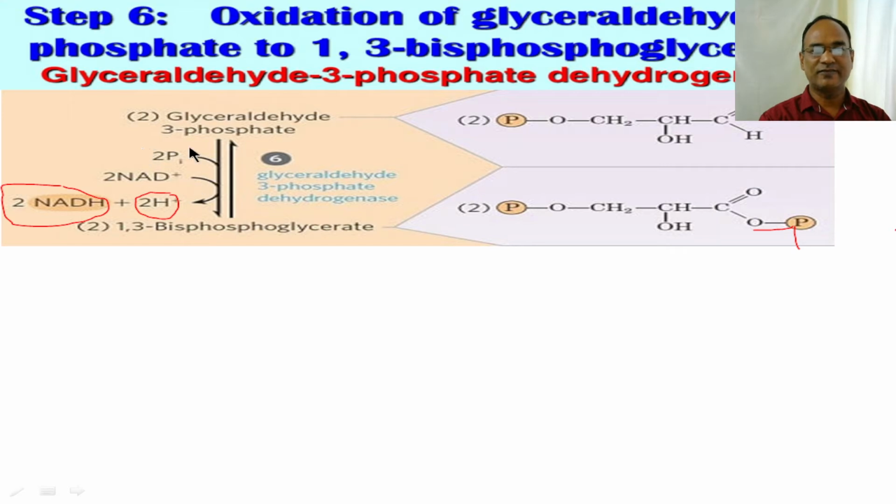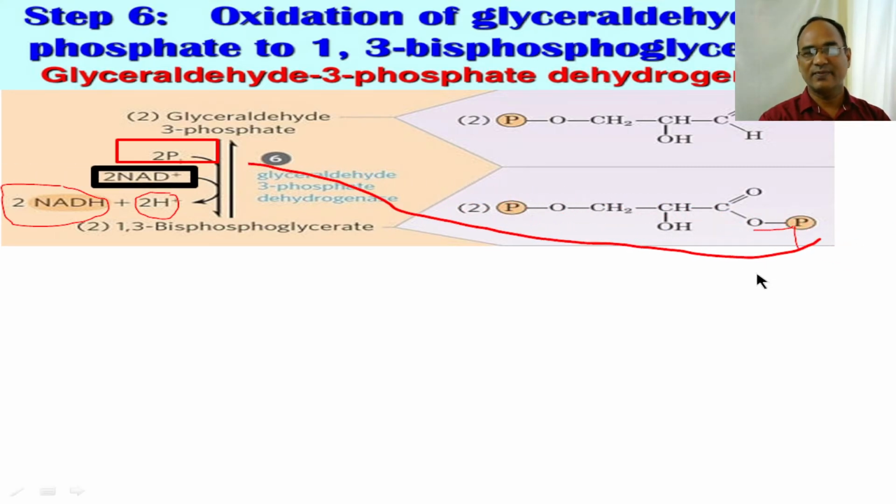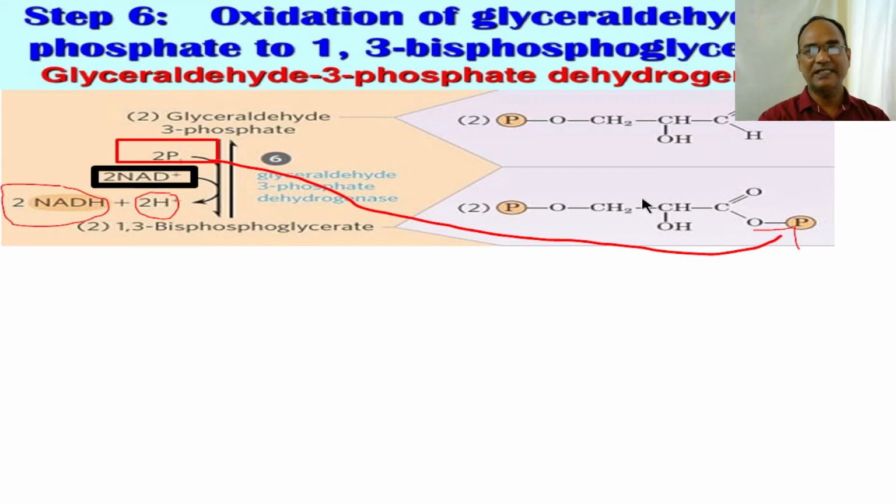By inclusion of one inorganic phosphate, we add one more phosphate to this chemical bond, so that the bond is more powerful to yield more ATP in the further step. NAD is converted into NADH and one hydrogen is released. That is the dehydrogenase process: oxidation and inclusion of one phosphate in the chemical bond.